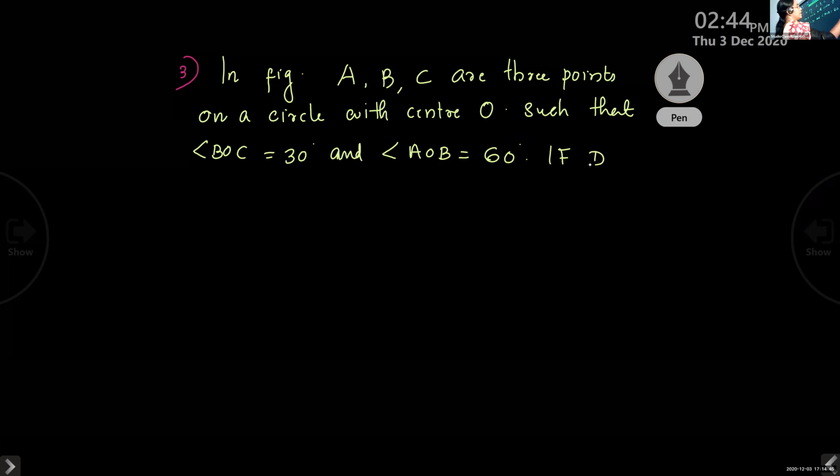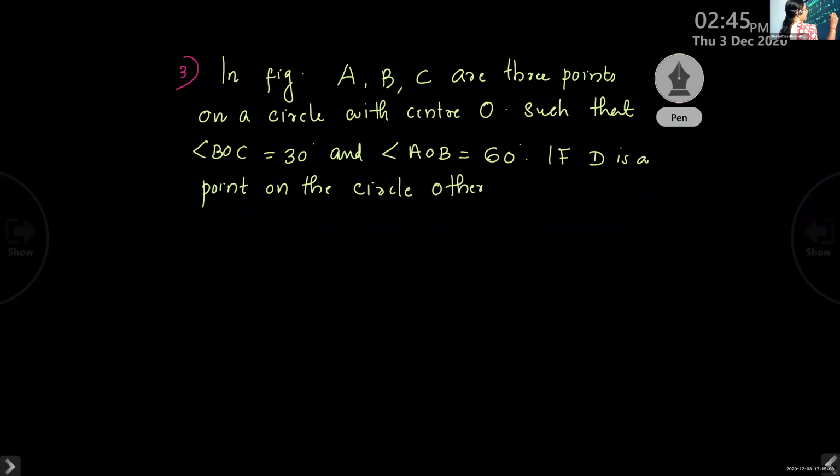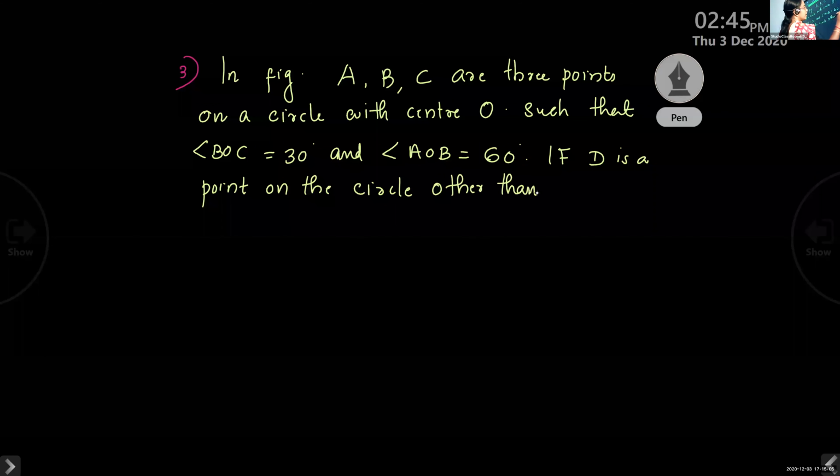If D is a point on the circle, other than arc ABC, find angle ADC.